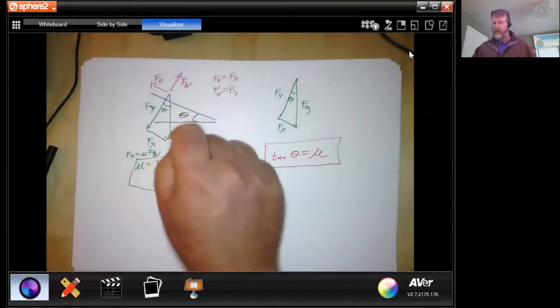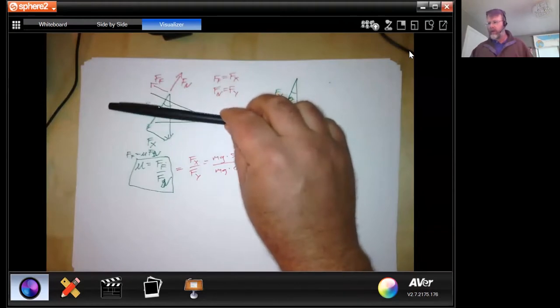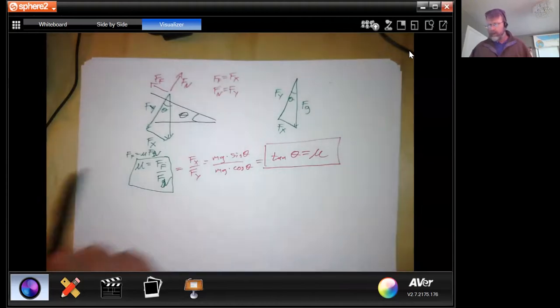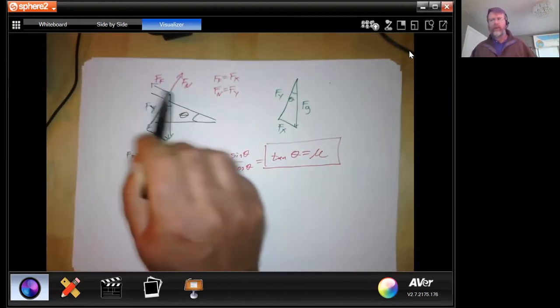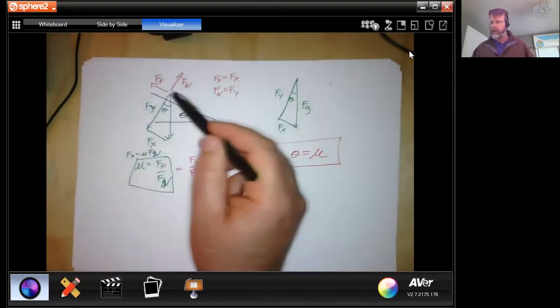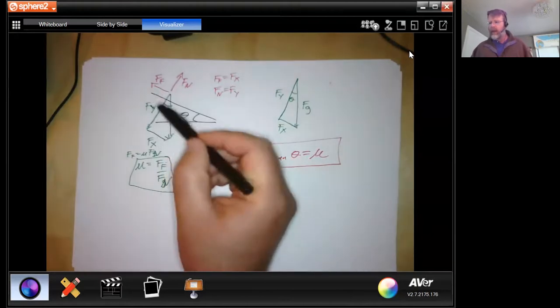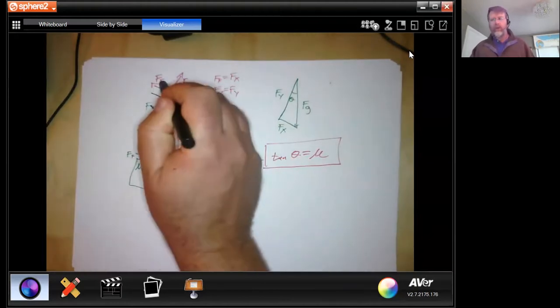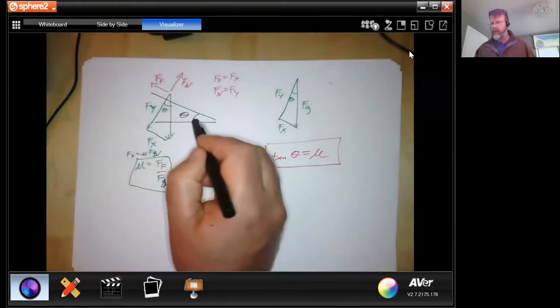But as you were going through the lab, you started here and you went up and up and up. And at some point, this force in the x exceeded the force of friction and went from sitting still to moving. Okay, that breaking point where this one equals that one, that is what we're trying to measure, that angle.